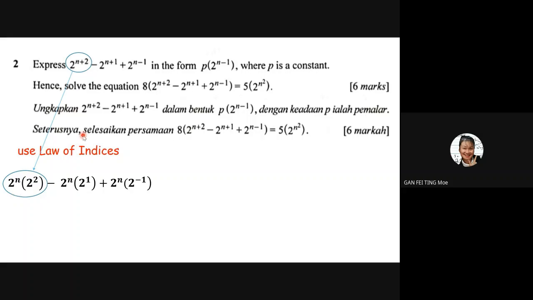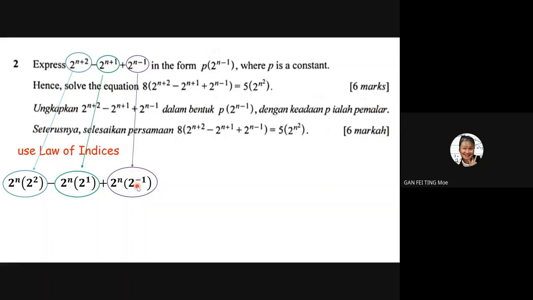Then similarly for the second part, 2 to the power of n plus 1 is 2 to the power of n times 2 to the power of 1. And for this, the index is minus, and minus means division. For the minus part, first of all, I follow the law of multiplication of index notation with the same base, the indices add up. n plus negative 1, we have n minus 1.